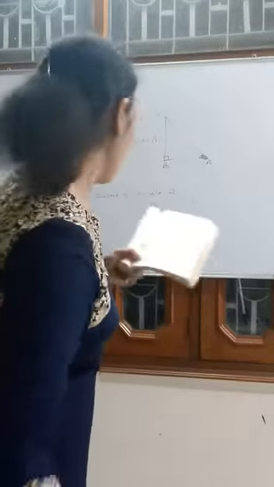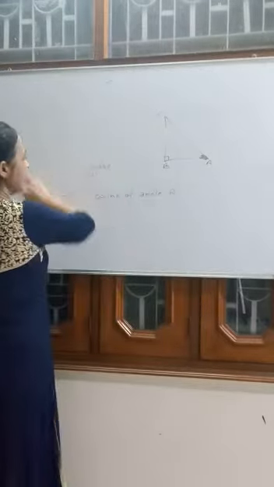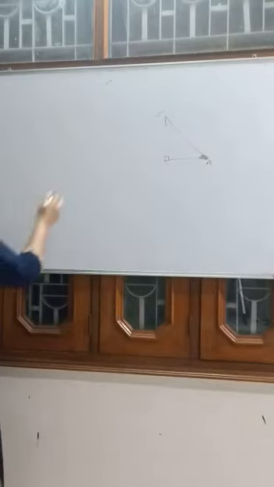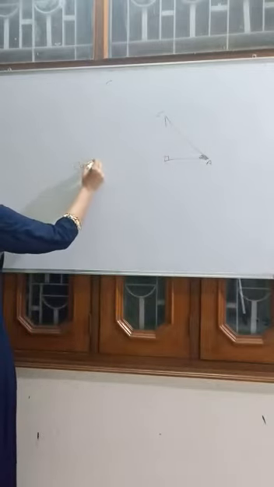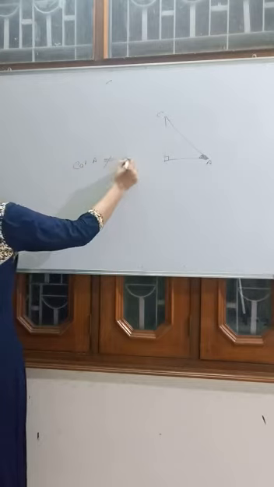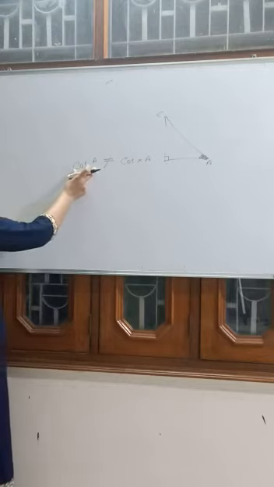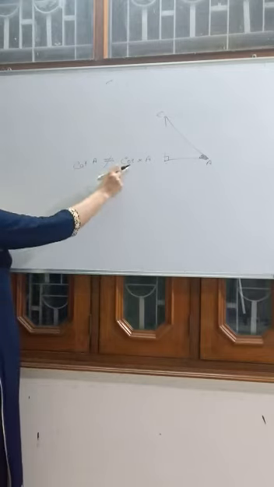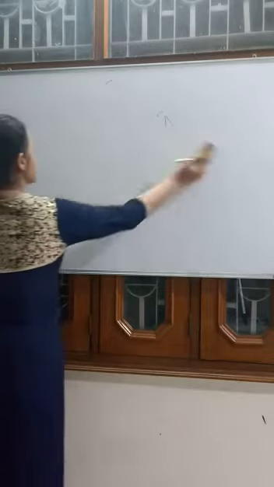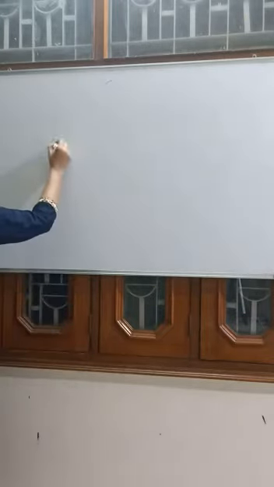Next, cot A is a product of cot and A. It is also false. Cot A is not equal to cot into A. I have told you this in my earlier video. Cot A is cotangent of angle A, not cot into A. Therefore, it is false.